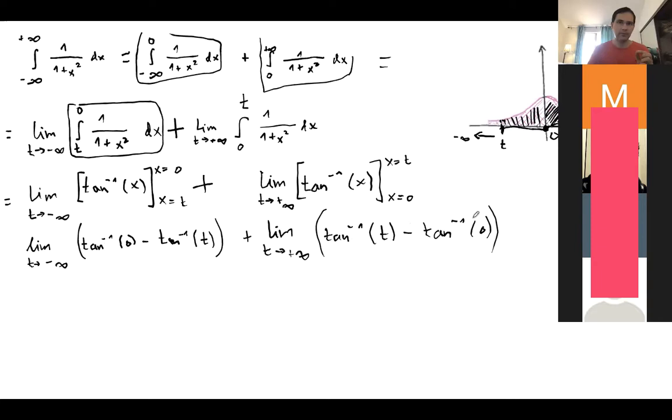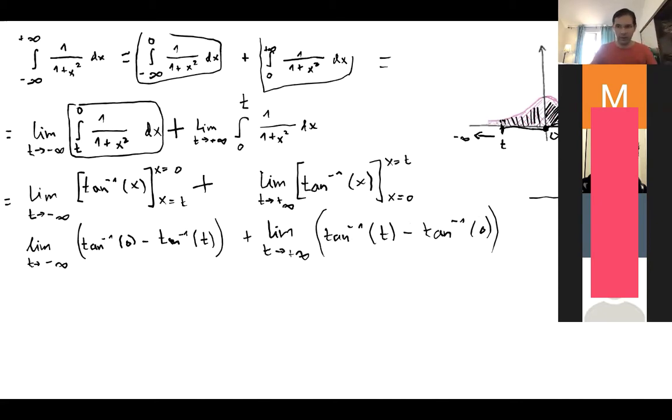Let's recall how the function tangent inverse looks like. This is the given function, y equals this one, and an antiderivative of this function is the function tangent inverse. So let me sketch the function tangent inverse for you. It has two horizontal asymptotes.